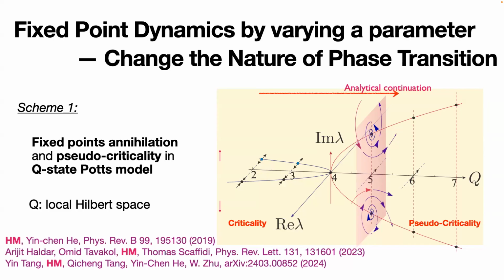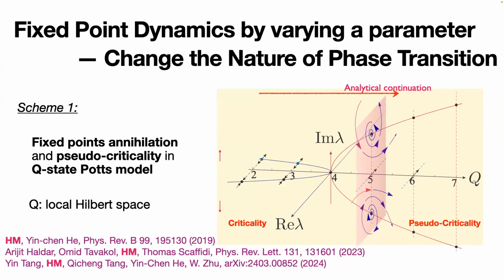Okay, so the typical model to have this change is the Q-state Potts model. It's a standard model studied a long time ago, and this fixed point structure is also very interesting. It gives another relevant direction for this RG flow.